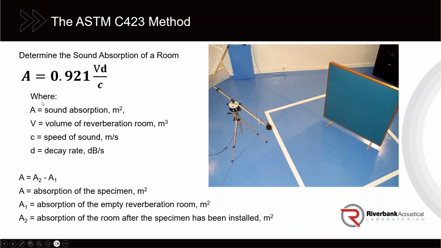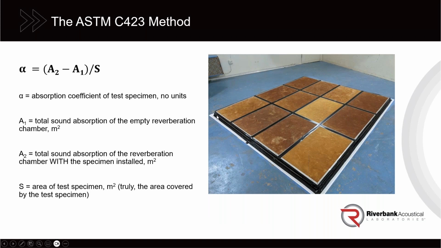That is the total absorption provided by whatever has been tested. If what was tested is a flat two-dimensional surface treatment, then we can go one step further and calculate the Sabins per square foot of material. So remember, approximately 1 Sabin is 1 square foot of perfect sound absorption.